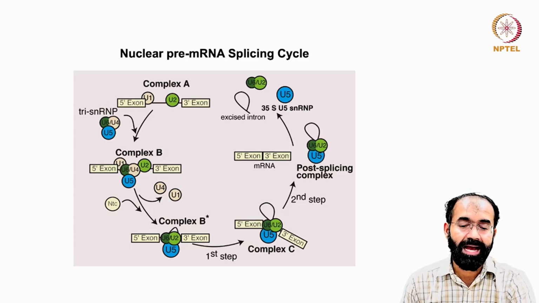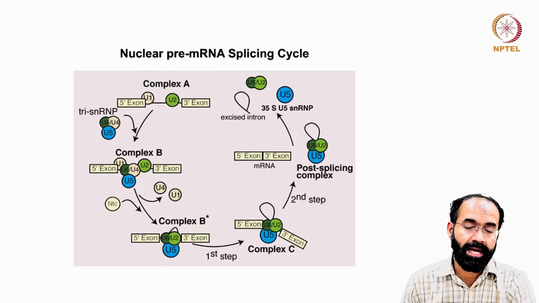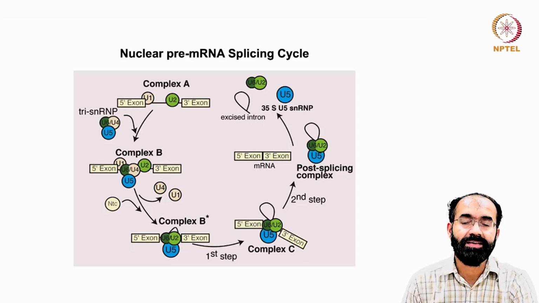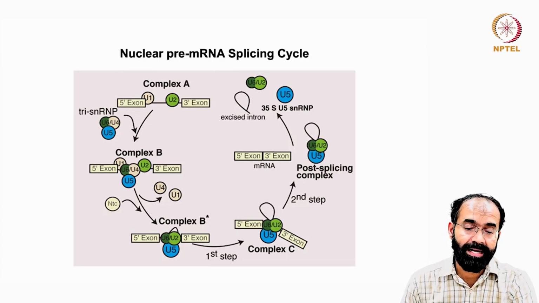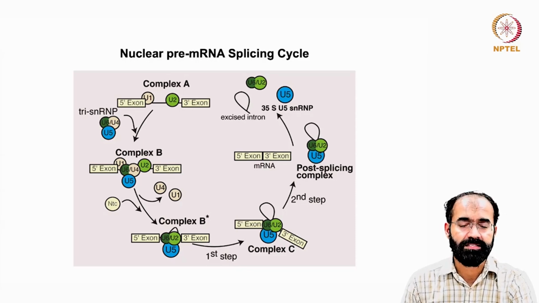U6 and U2 are released as a pair, and U5 is released separately as the 35S U5 snRNP. These molecules are available for the next round of reaction. U6 and U2 also separate eventually, and the cycle continues: complex A, complex B star, complex C, and then the post splicing complex.